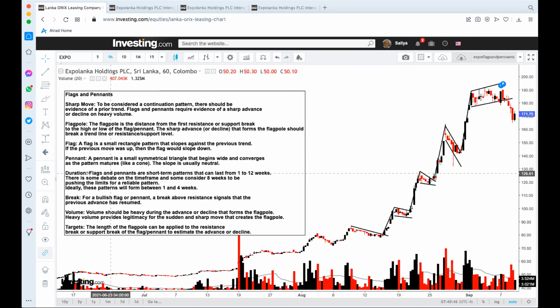You can see here, flags and pennants are short-term patterns that can last from 1 to 12 weeks, right? Now, that does not necessarily mean that it has to last at least a week. That is not the point. That's why I'm using the 1 hour chart. These are short-term or very short patterns. Things can happen aggressively with very aggressive moves.